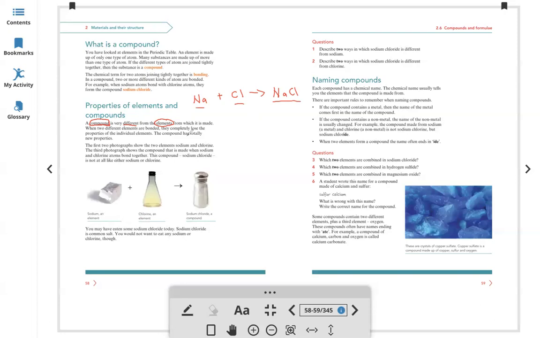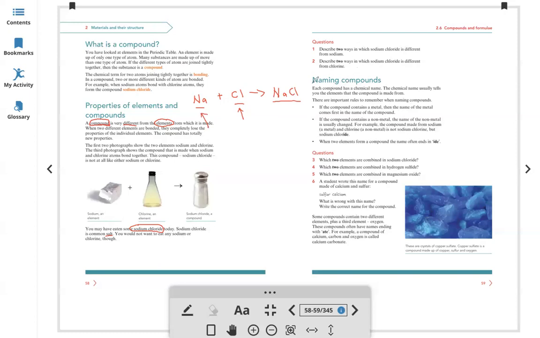Sodium is an element, chloride is another element, and combined they form sodium chloride. You have eaten sodium chloride, it's common salt. But you don't want to eat sodium itself or Cl itself, understand?